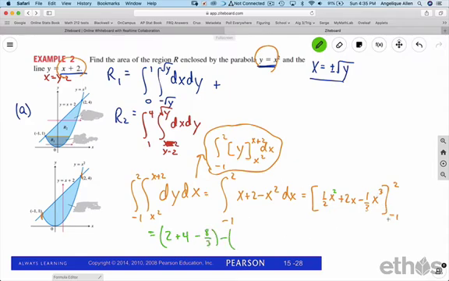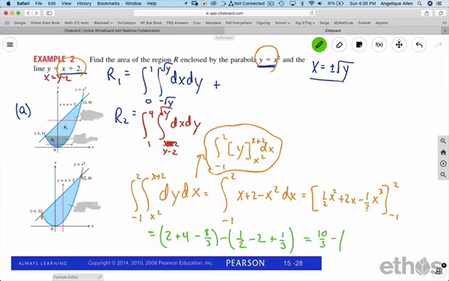And then substituting in -1: -1 squared is +1 times 1/2, -1 times 2 is -2, and -1 cubed is -1 times -1/3 is +1/3. So we've got 6, which is 18/3 minus 8/3, that's 10/3.